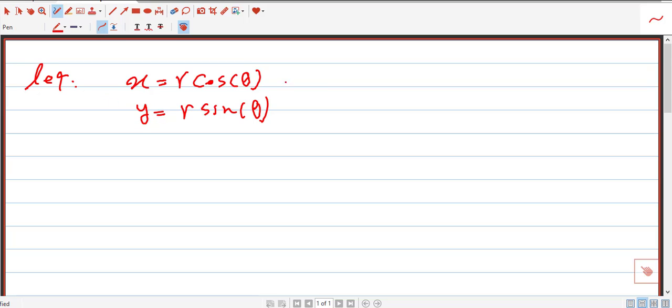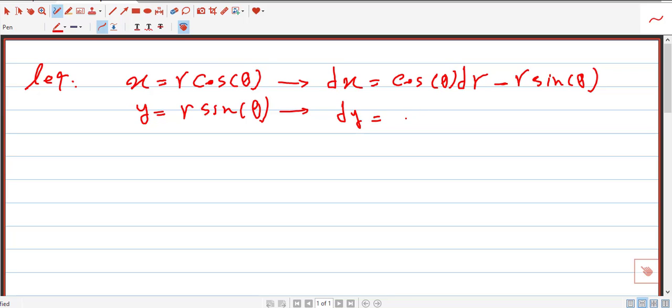So I'm going to differentiate both sides. dx equals cosine of theta dr minus r sine of theta d theta, and also dy equals sine of theta dr plus r cosine of theta d theta.